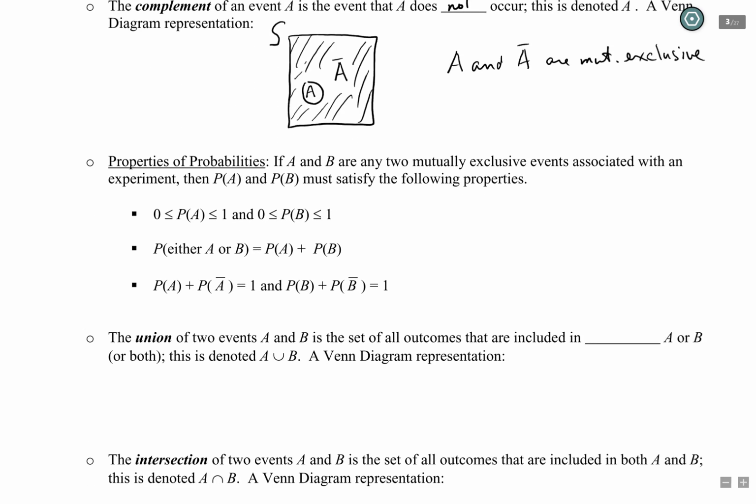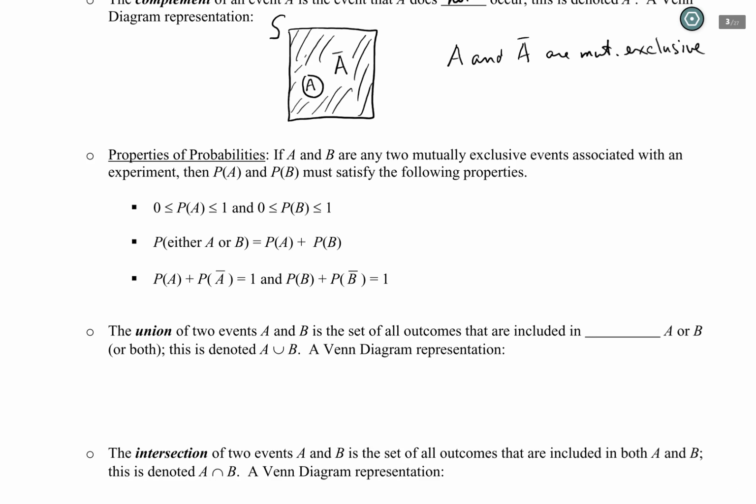Okay, a few properties of probabilities here, 3 of them. Suppose A and B are mutually exclusive events. They don't have any outcomes in common. Then P of A and P of B must satisfy the following. Their probabilities need to be between 0 and 1, and that's not surprising. We've kind of already looked at that.